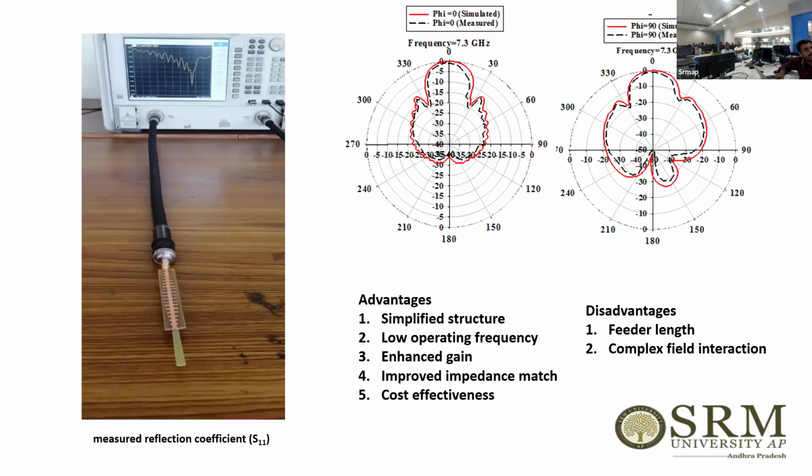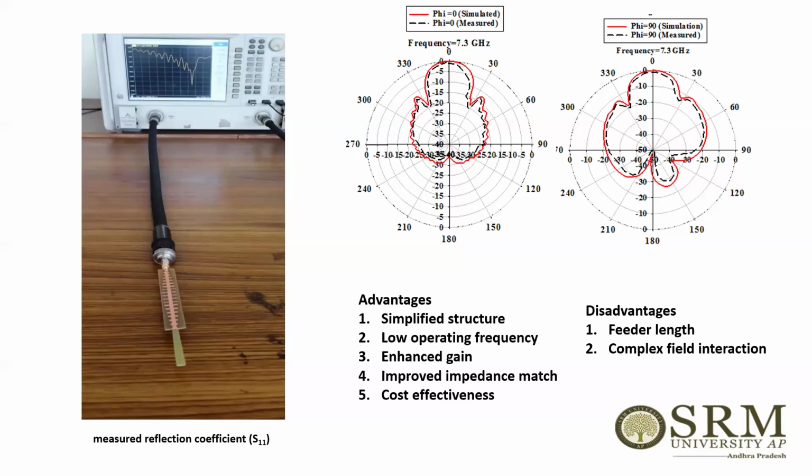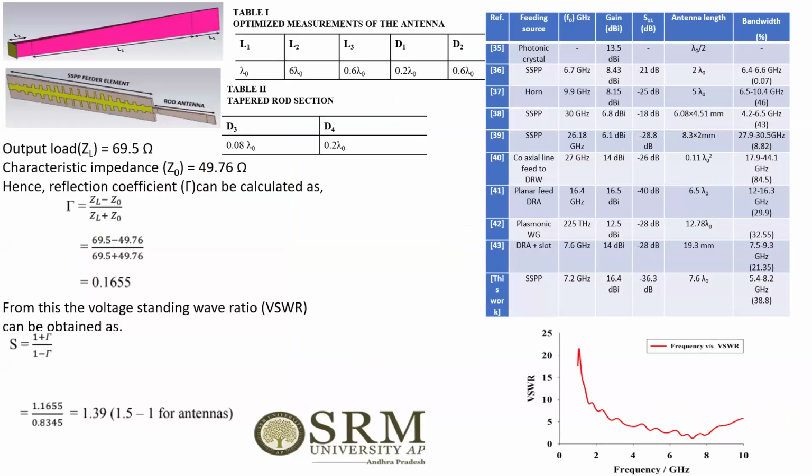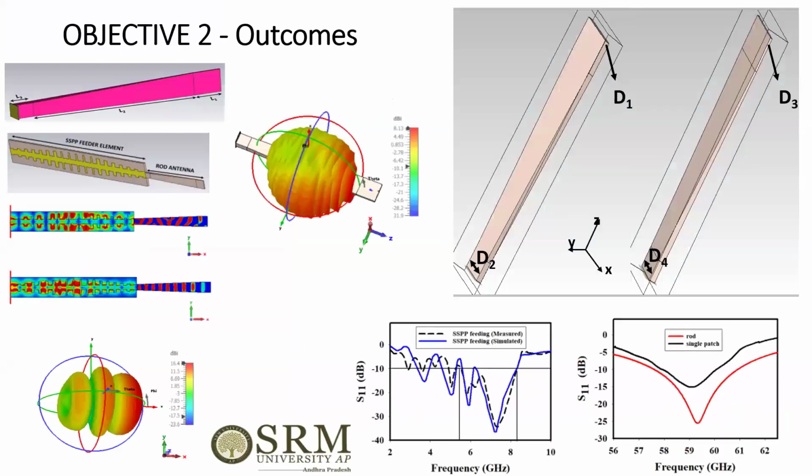Measured and simulated values. No, not right hand side, left hand side. I am asking left hand side. So S11, you see in the picture, in the previous slide, you have also plotted this.